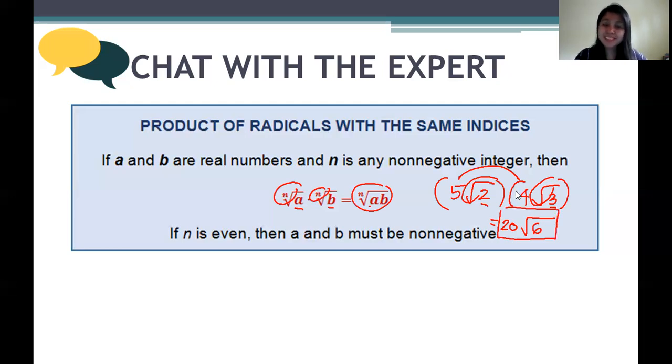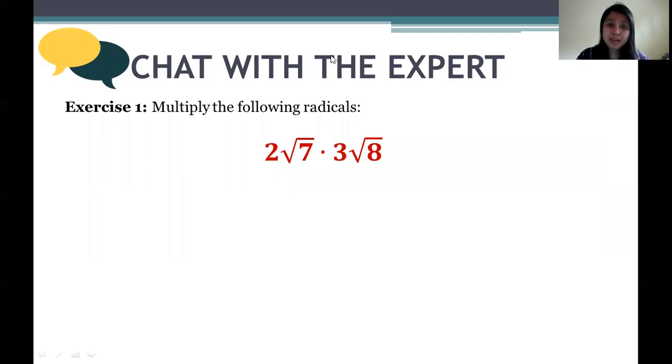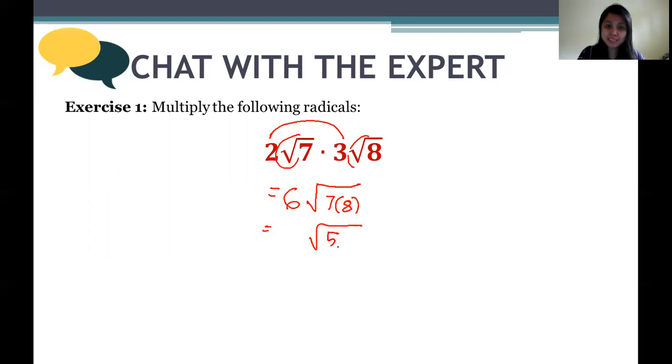Let's have the first example. Multiply the following radicals. It's similar to what I showed you a while ago. We multiply the whole numbers. 2 times 3. That's 6. Same index. So you copy the radical sign with the index. Then 7 times 8. 7 times 8 is 56.